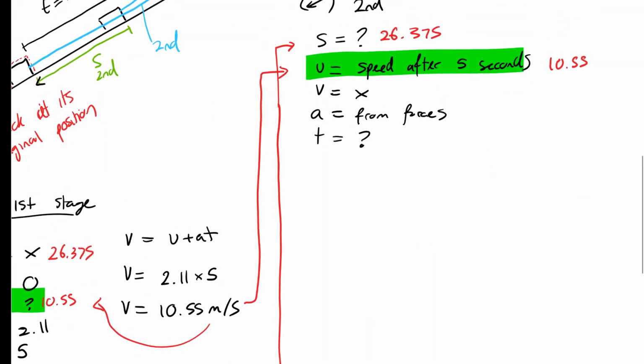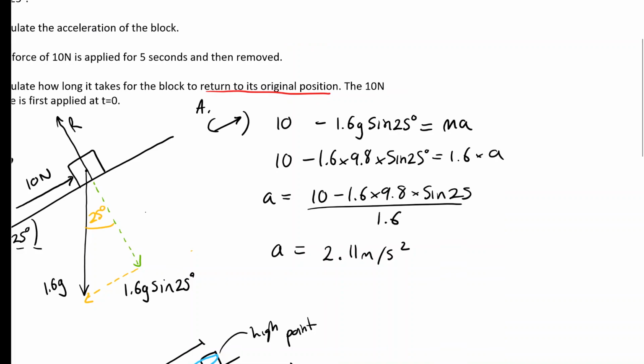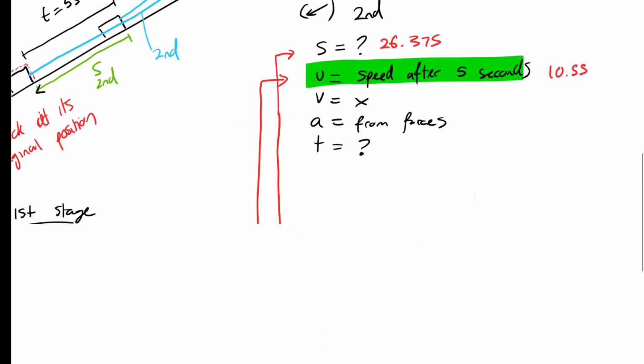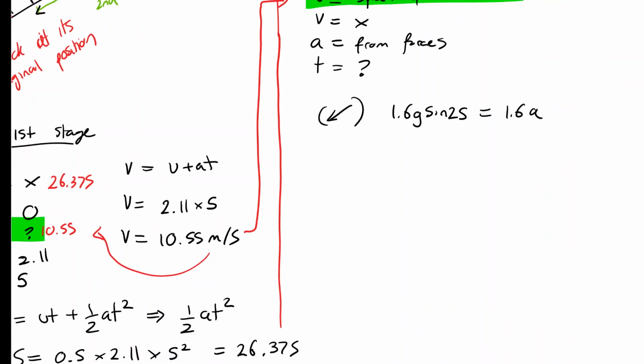The only difference in this case is that in the second stage we don't have the 10 Newton force being applied. So we should have an equation that looks similar to this, but no 10. And notice that in this case here we're resolving up the slope, which is why that was negative. But in the case here, we're going to resolve down the slope to follow the SUVAT it goes with. So we have 1.6 g sine 25 is equal to 1.6 a. That's ma, the mass is 1.6 kilograms.